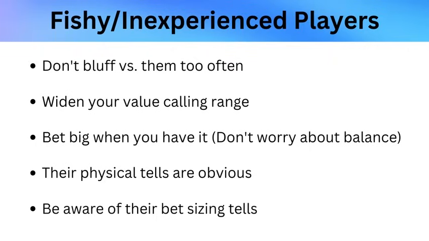So really you can widen your calling range versus them, because they're going to think they're betting for value and really they're just value owning themselves, right? So widen your calling range versus them, and don't bluff versus them as much.